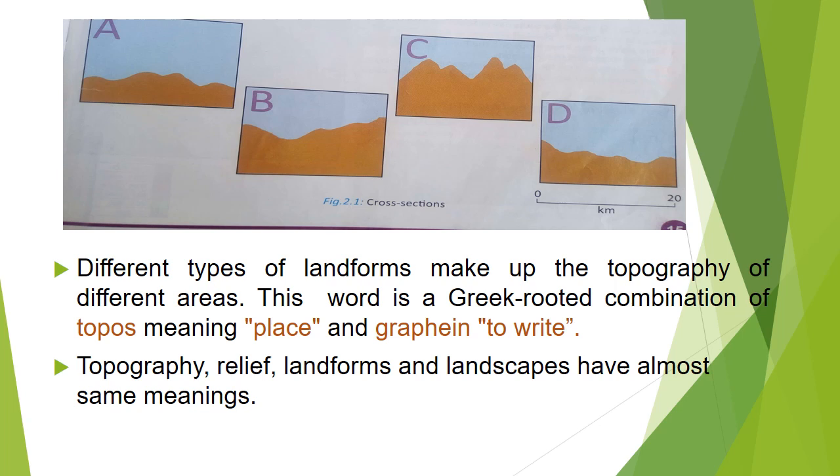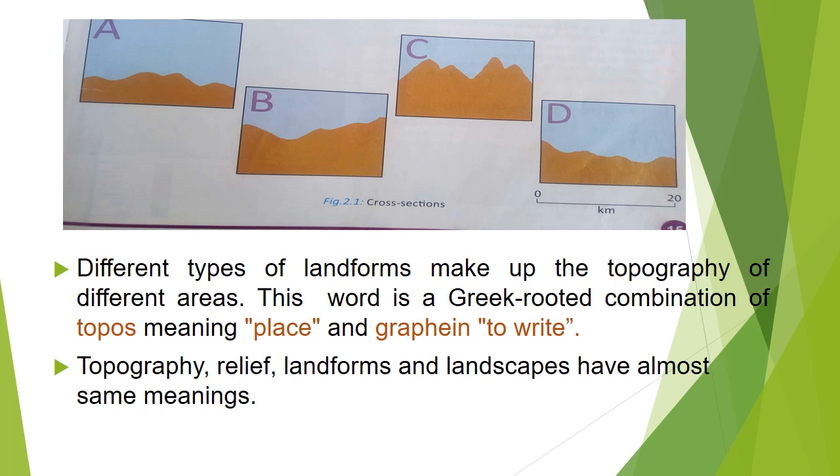Here you can see figure number 2.1, which shows different types of landforms in the form of cross sections. As we discussed in chapter number 1, a cross section is a diagram which shows the internal structure.